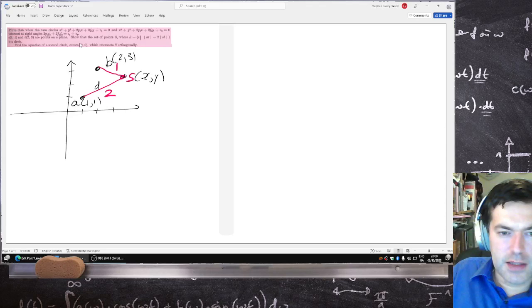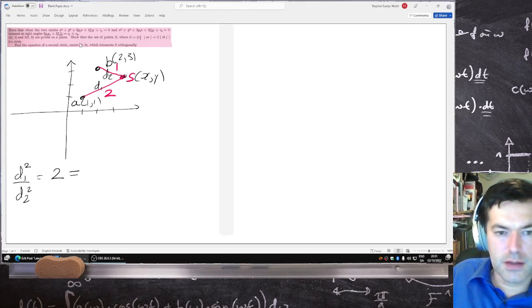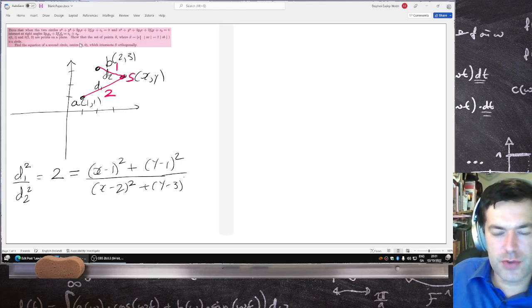So if we call that distance 1 and distance 2, distance 1 squared over distance 2 squared is 2 to 1, is 2. And that will be (x minus 1) squared plus (y minus 1) squared over (x minus 2) squared plus (y minus 3) squared.